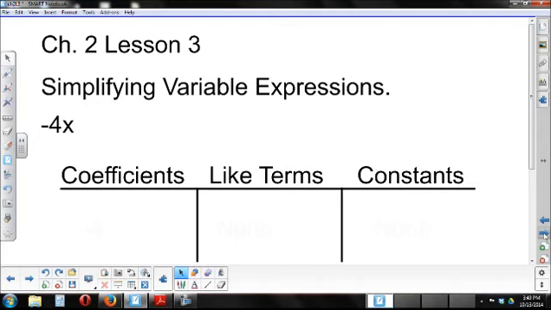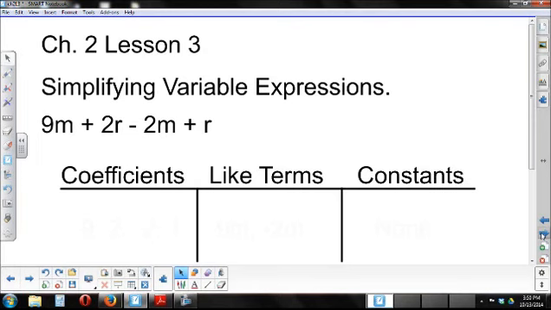Okay, welcome back. Let's see. Our coefficients, just the one, it's negative 4. How about like terms? Well, there's only one term, so there's nothing else there to be like it. And finally, do we have any constants? No, we do not.